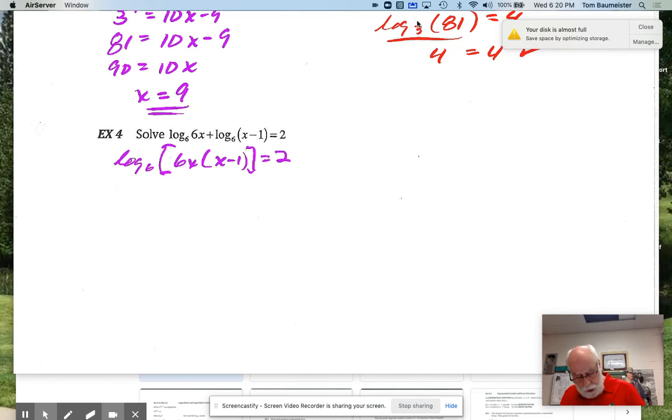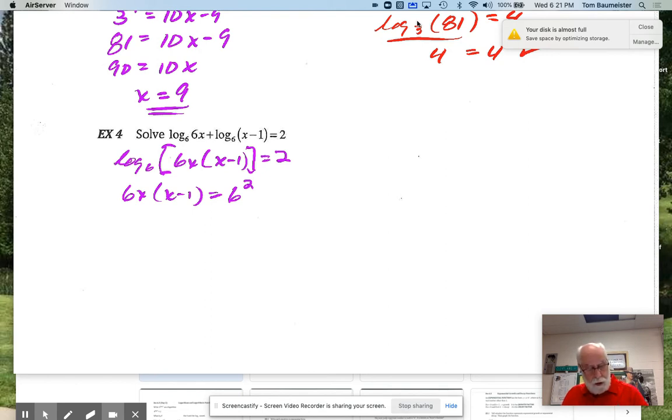All right, same thing I just did up above. This base raised to this power equals what's in there. So now this time I'm going to keep the 6x times x minus 1 on the left-hand side. But again, I'm just kind of flipping it using the commutative property. So I can then state that 6x times x minus 1 is equal to 6 squared, right?